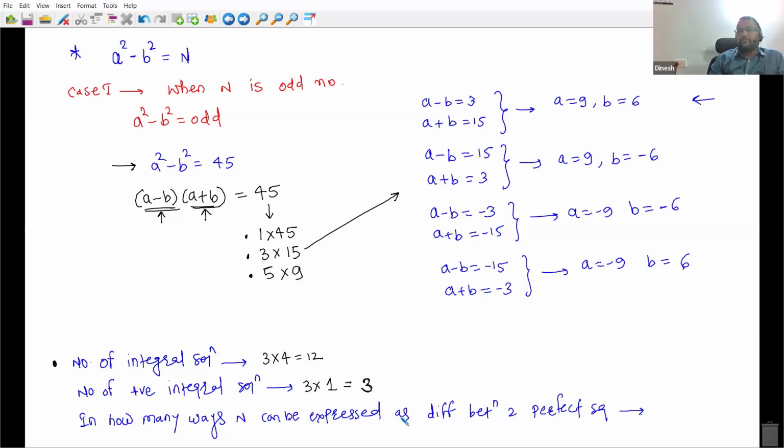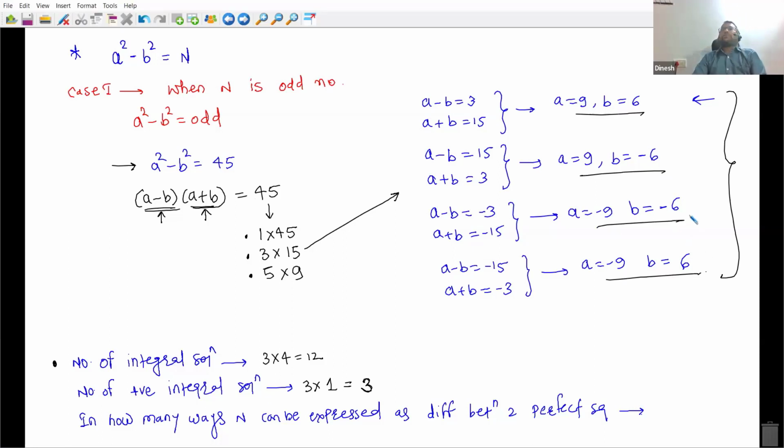Then in how many ways can 45 be expressed as a difference between two perfect squares? Tell me, everyone, will these 4 solutions give you different pairs of perfect squares or the same pair of perfect squares? They give you the same pair of perfect squares. Square this or square this, it is going to be 81 and 36.